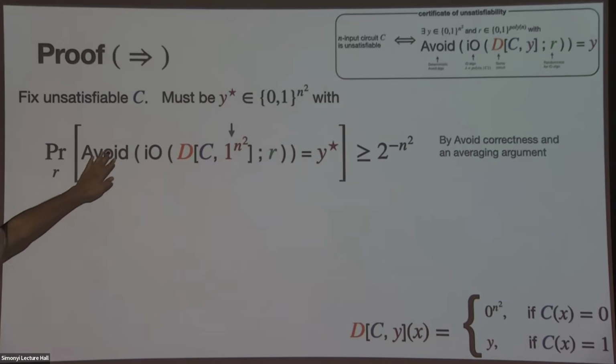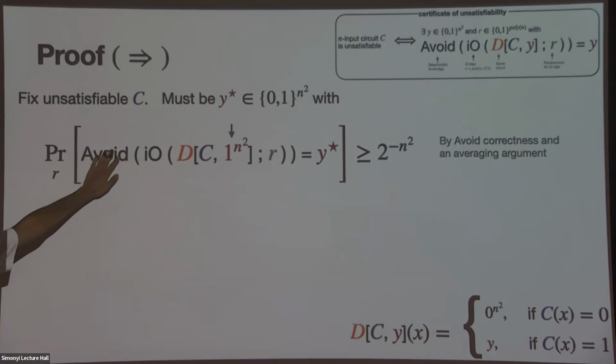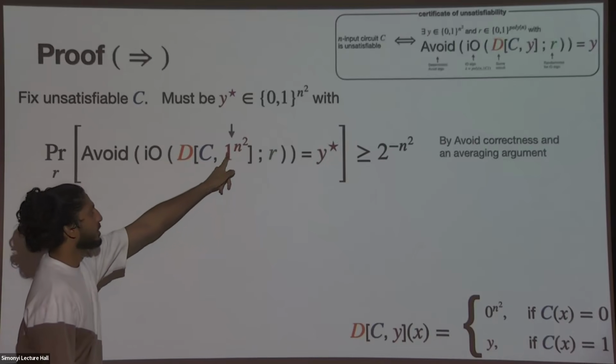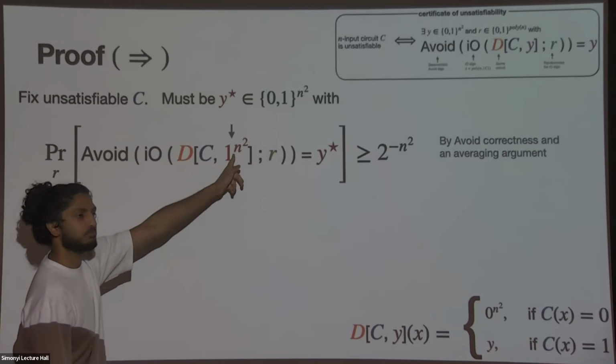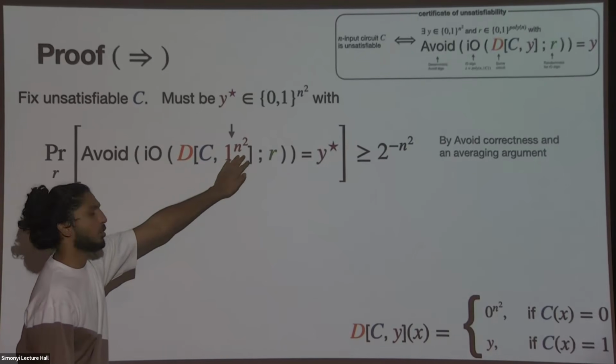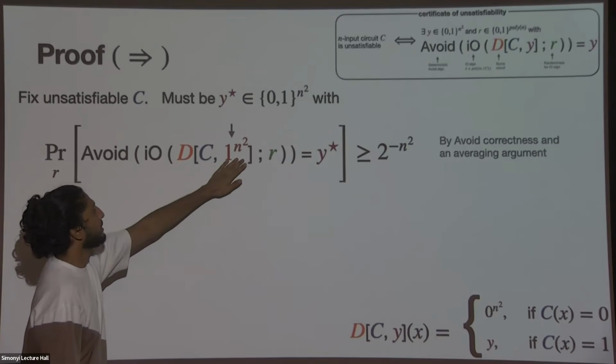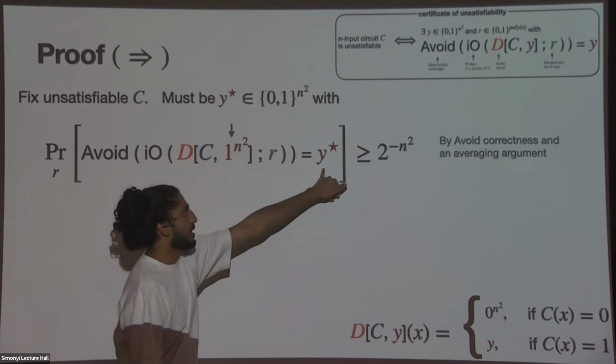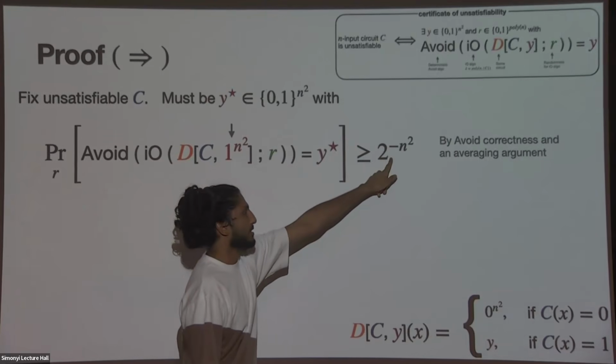When you run the avoid algorithm on iO of D, and now before I was putting Y here, but now I'm just going to set this to the all one string, it must output Y star with probability at least 2^(-n^2).